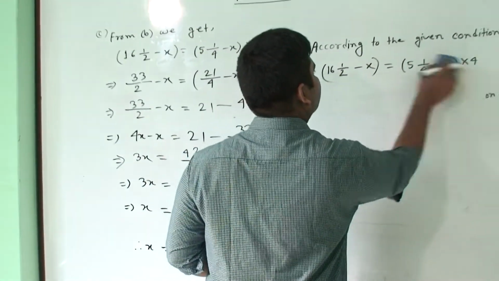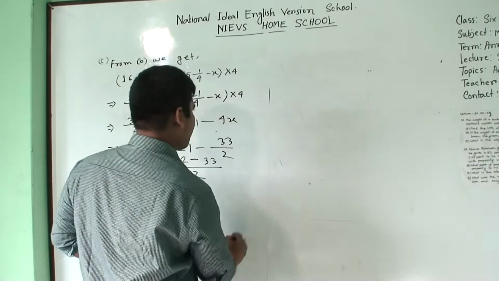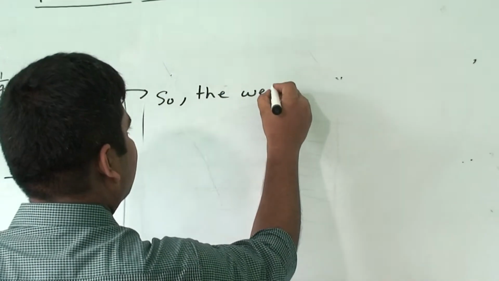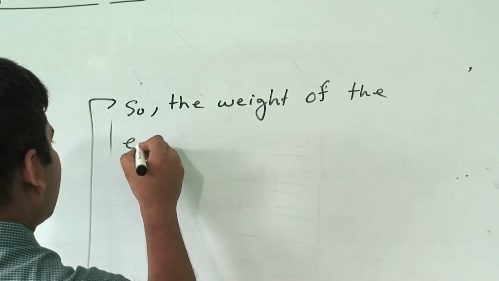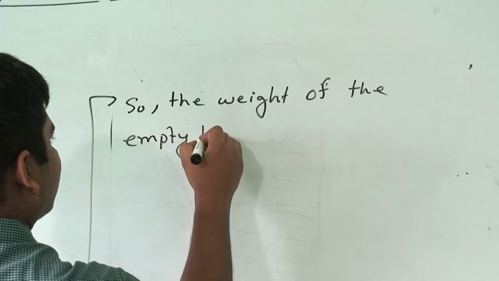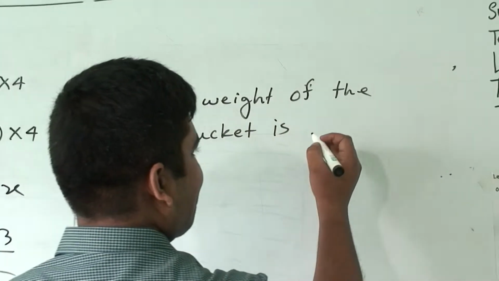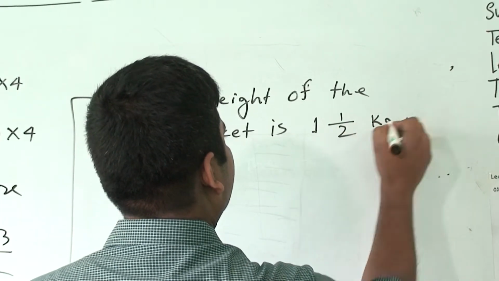Now write, so the weight of the empty bucket is 1 into 1/2 kg.